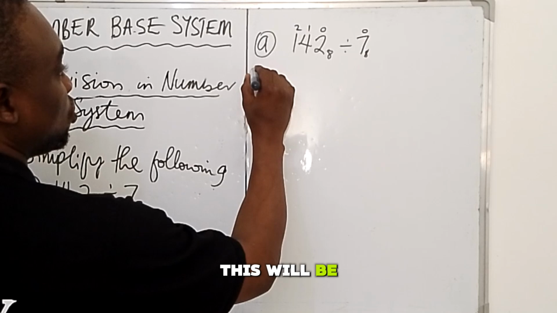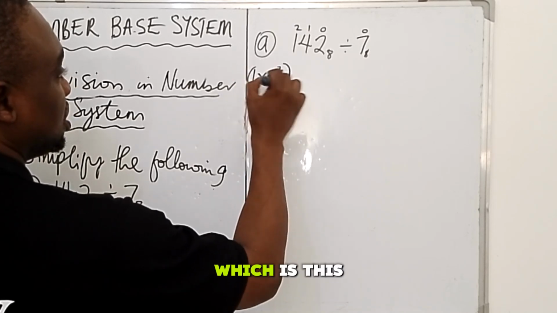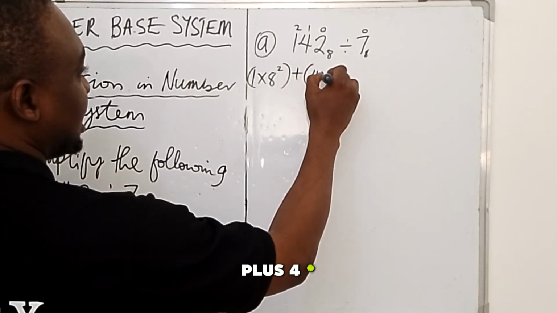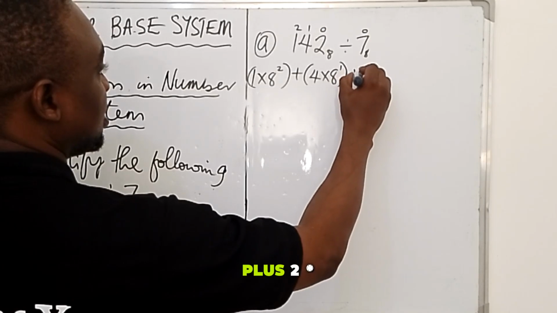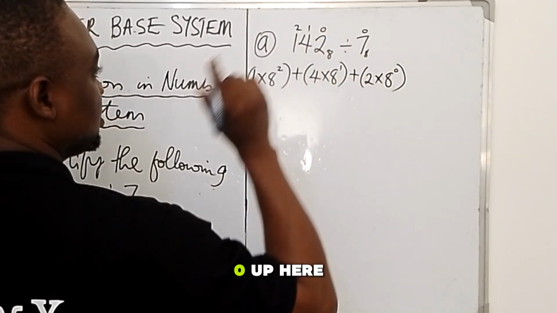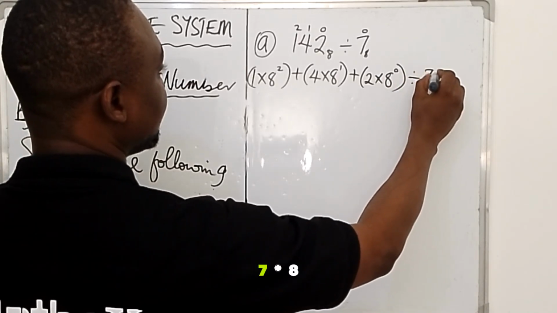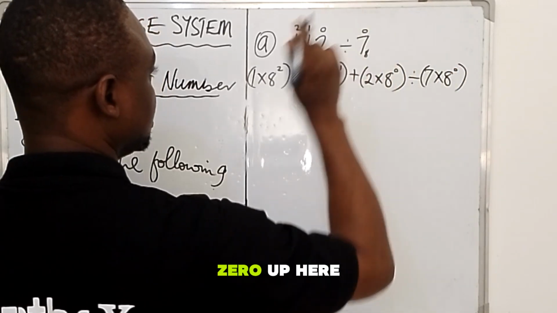So this will be 1 times 8 to power 2, which is this 2 up here, plus 4 times 8 to power 1, which is this one up here, plus 2 times 8 to power 0, which is this 0 up here, divided by 7 times 8 to power 0, which is this 0 up here.